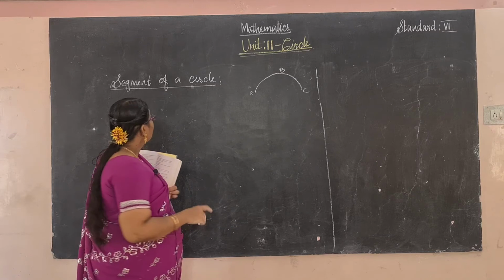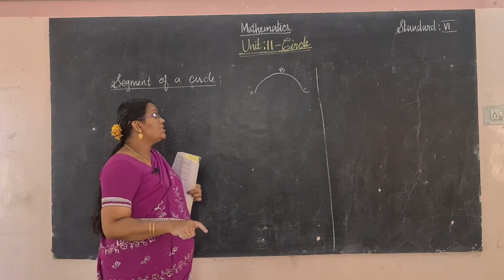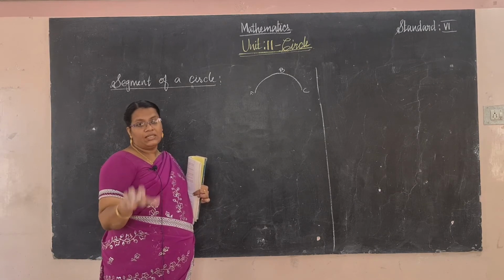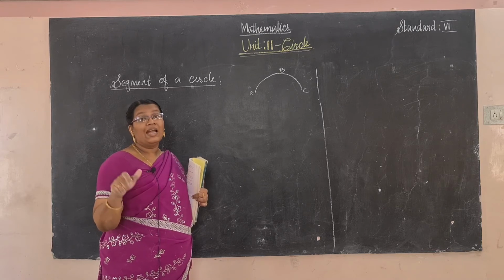But here the segment of a circle means a part of the circle closed by a line segment.